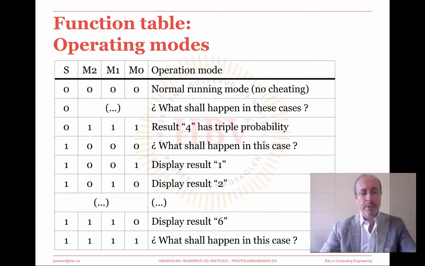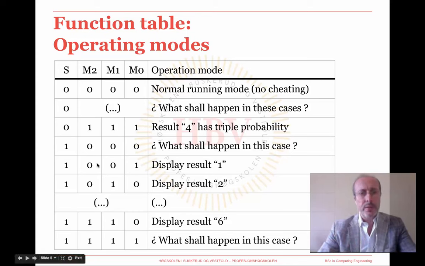Now, one possibility would be to have a cycle that goes like result 1, then 2, 3, 4, 5, 6, and then again 4, 4, before restarting the cycle at 1. So the probability of hitting result 4 when we press the stop button is triple in this case, since each result will last for the same time, and result 4 happens 3 times for each cycle.